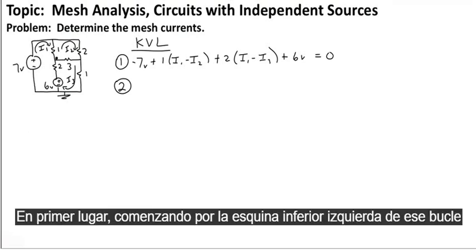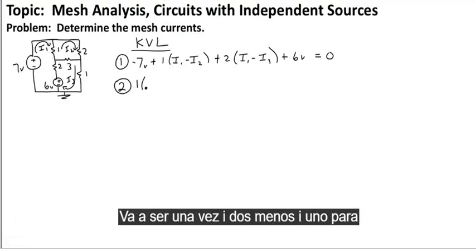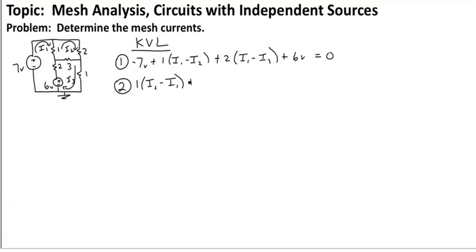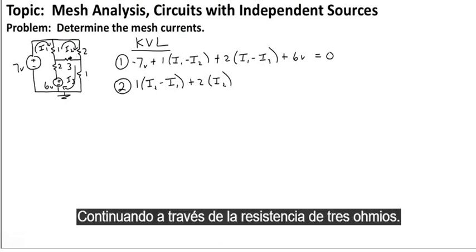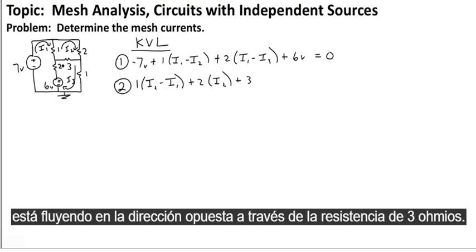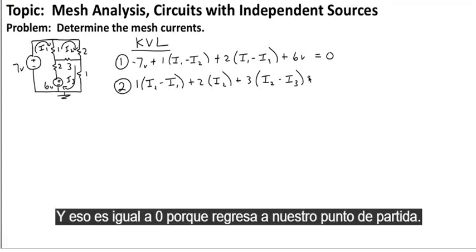First of all, starting at the lower left-hand corner of the loop, going up through the 1 ohm resistor, it's going to be 1 times (I2 minus I1) for that voltage drop, plus 2 ohms times I2, continuing through the 3 ohm resistor, it's going to be plus 3 times (I2 minus I3), the positive current being I2, with I3 flowing the opposite direction through the 3 ohm resistor, and that's equal to 0.